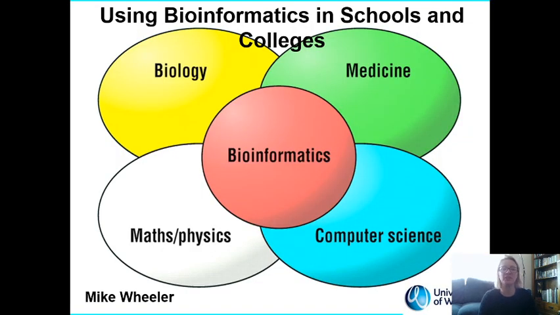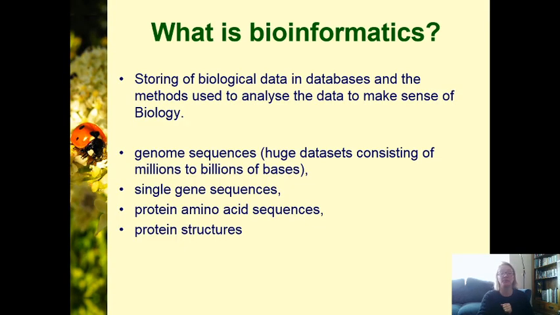Now, what I wanted to have a look at very quickly was this idea of bioinformatics. Bioinformatics is what scientists use in order to compare either their sequence of amino acids or sequence of bases. It involves storage of biological data in databases, and then they can analyse that data and use it to make sense of biology.